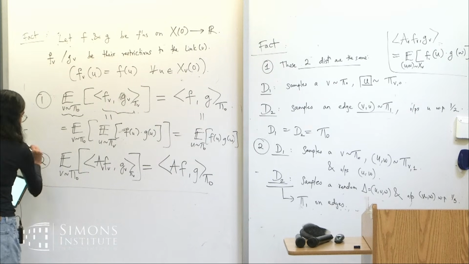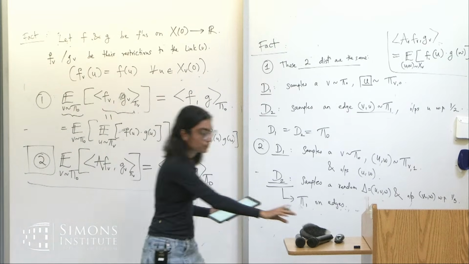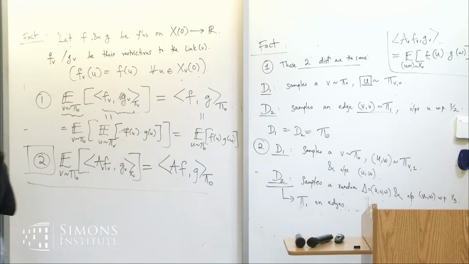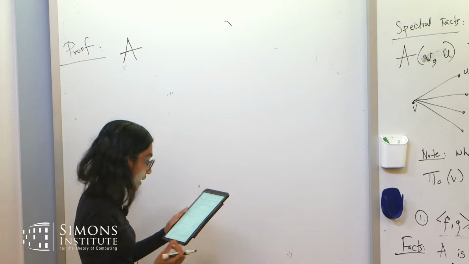Okay, this is, in fact, the most important identity we'll be using to prove the trickle down. So A is the adjacency matrix of the full graph.